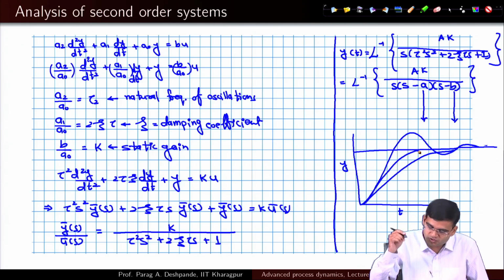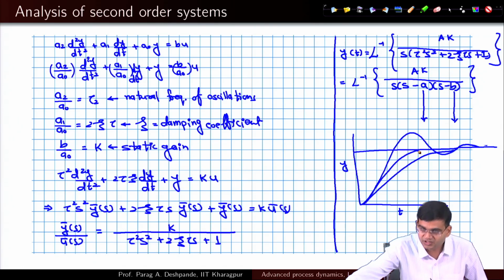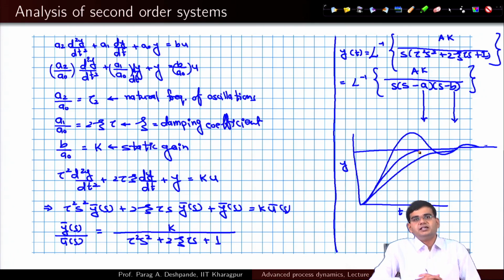So, in fact, whether you use transform domain analysis or state space domain analysis, you would always see that there is a correspondence between state space domain analysis and transform domain analysis.